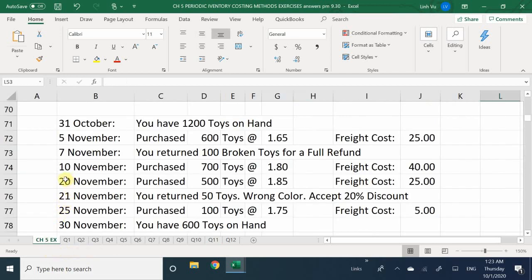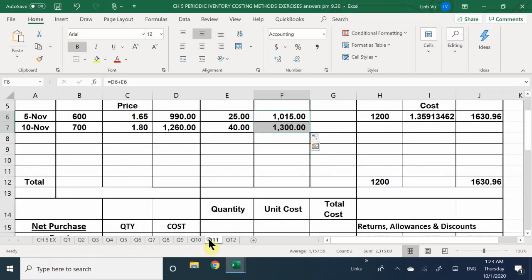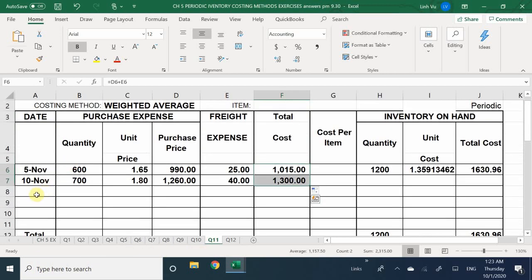Then here on November 20th, you purchase another 500 toys at $1.85 with freight of $25. So 500 at $1.85. Okay.